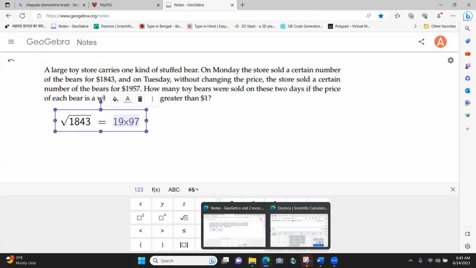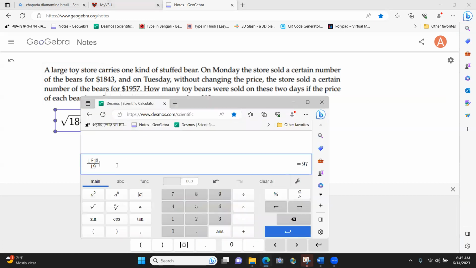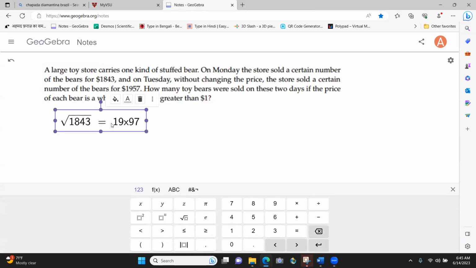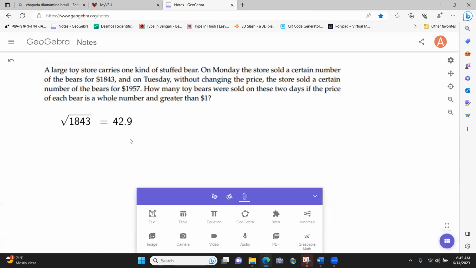Let me go back and fix this. Not a good idea. Let me first find the square root of 1843. And that's about 42.9. Okay, fine. All I'm trying to say, guys, is you have to test it up to 42. Don't think you have to test it all the way up to 1840, 41, 40, 42.